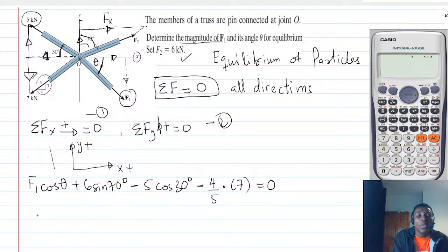All right. So we are going to sum the forces. So let's call this equation 1. Let's try and simplify it as much as we can.